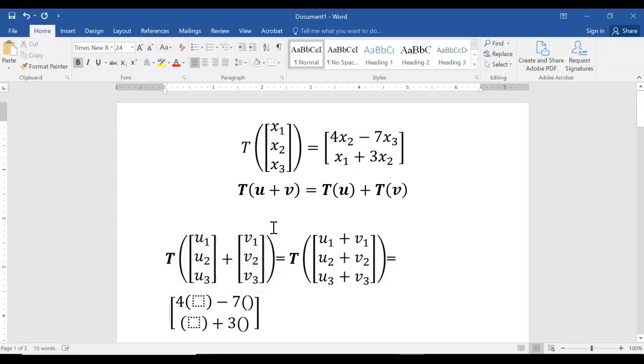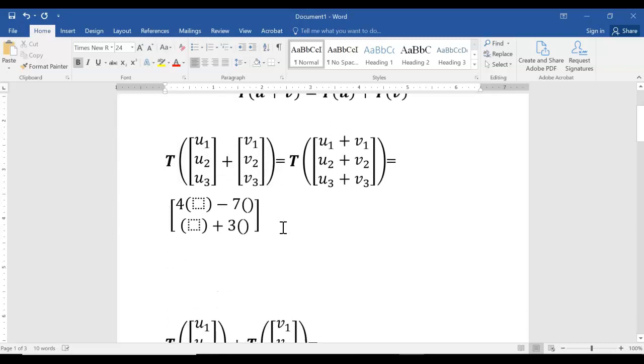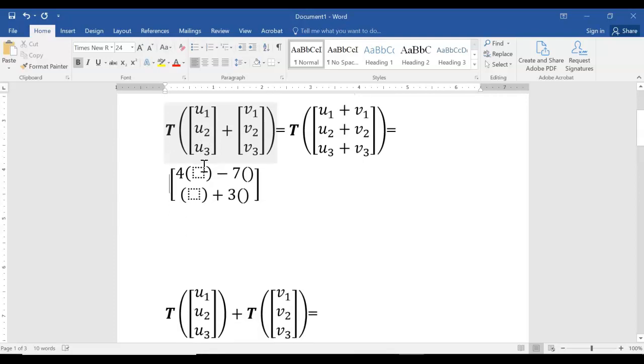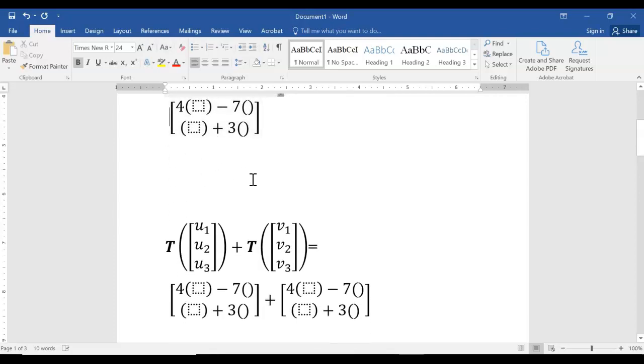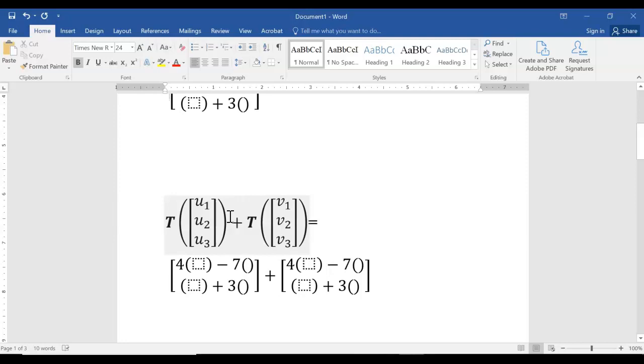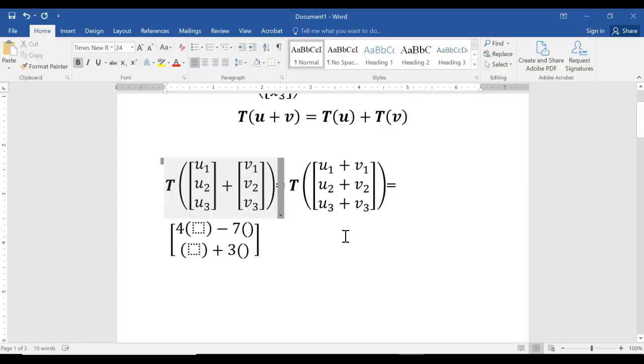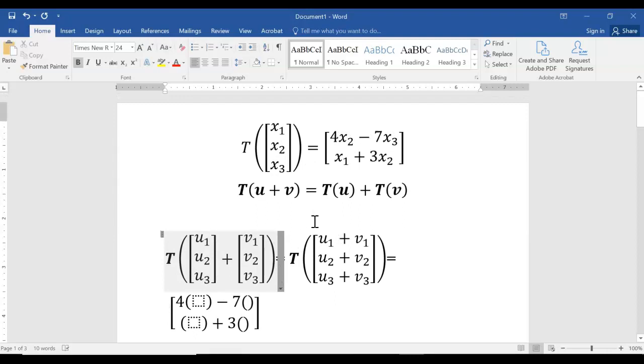Now I'm going to take the approach of adding first and then taking the transformation and then simplifying as much as possible, and then putting a u into the transformation, putting a v into the transformation, then adding and then simplifying as much as possible. And hopefully we can see clearly that for an arbitrary u and v, the two sides of this equation must be equal.